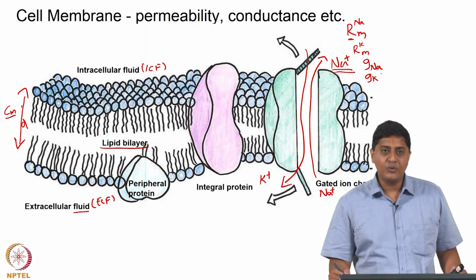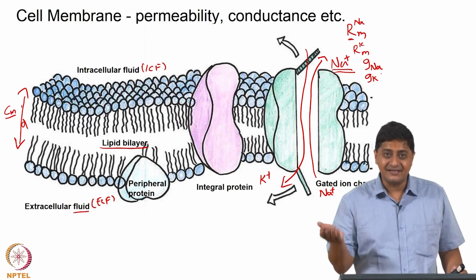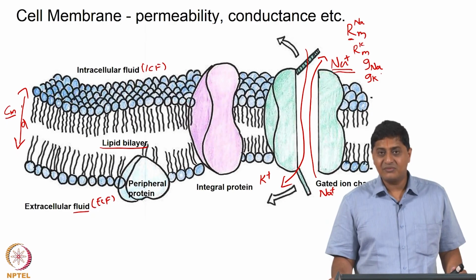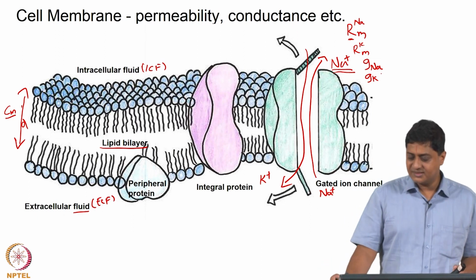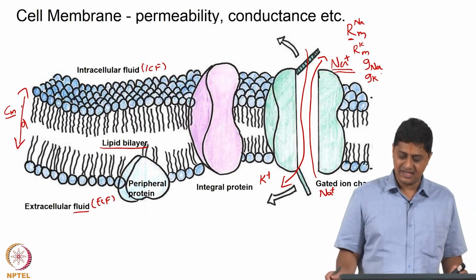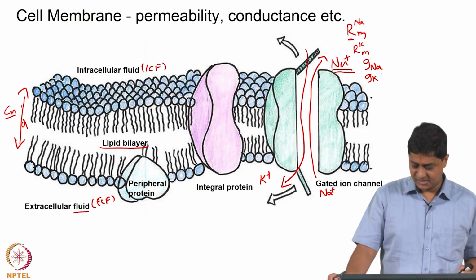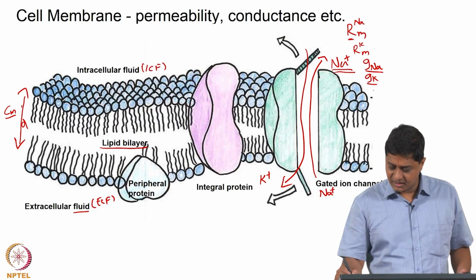If this channel was more permeable to sodium ions, then its conductance is high or the resistance of the membrane to sodium is less. Same can be said about potassium. If this channel was more permeable to potassium, then the potassium conductance is high and the resistance of the membrane to movement of potassium is less. So there are different ways of looking at that. We will be looking at GNa, GK and also permeability to each individual ion.